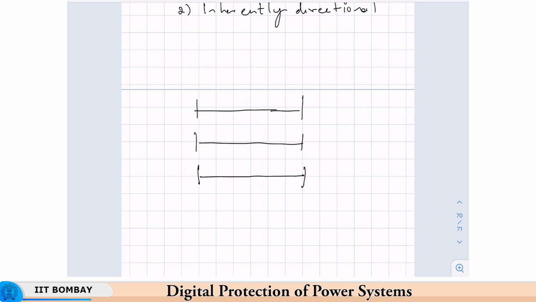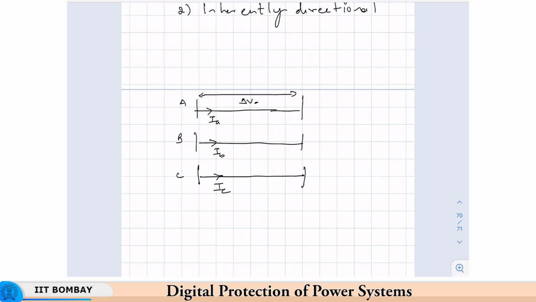The positive sequence impedance of this line is Z1. The self impedance of all the three phases is Zs, and the mutual impedances are equal. They are Zm.